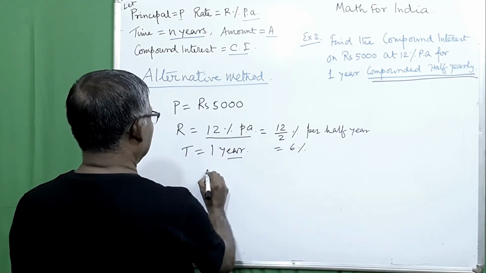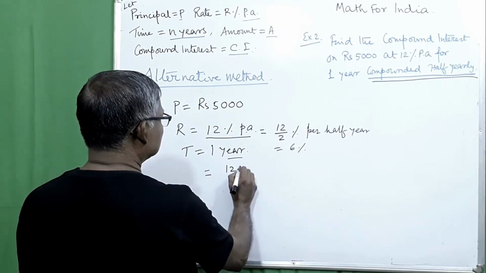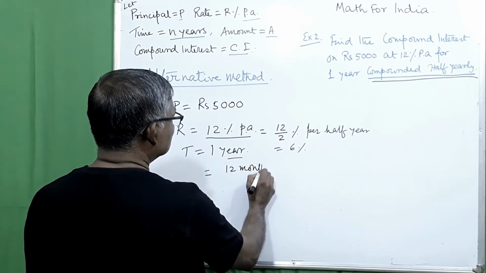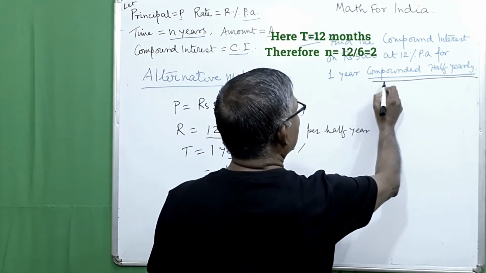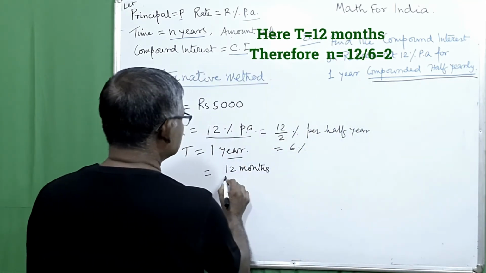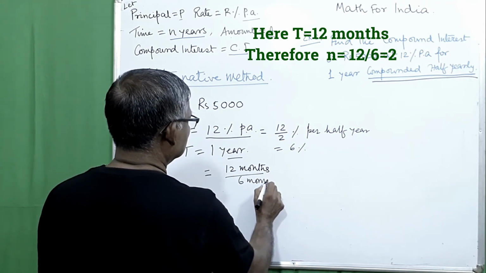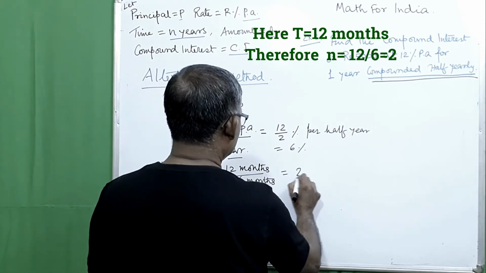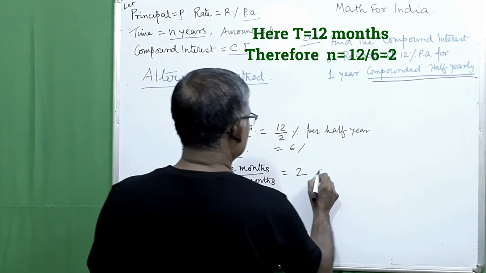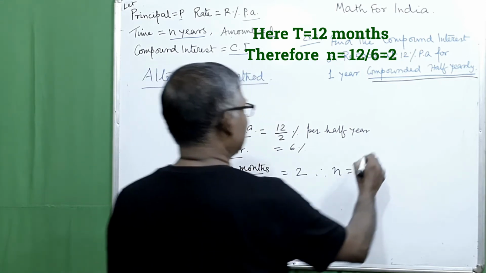And what would be the time? 1 year means 12 months and interest is compounded half yearly, that is 6 months. Equal to 2.